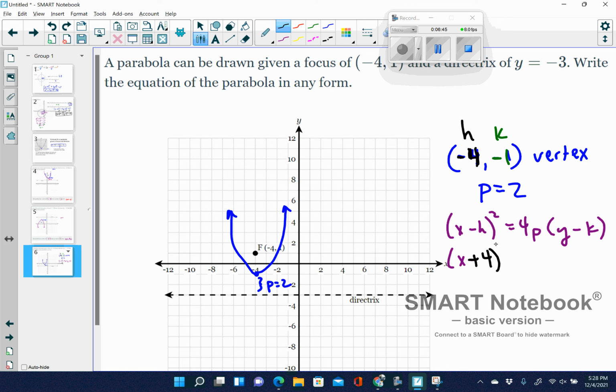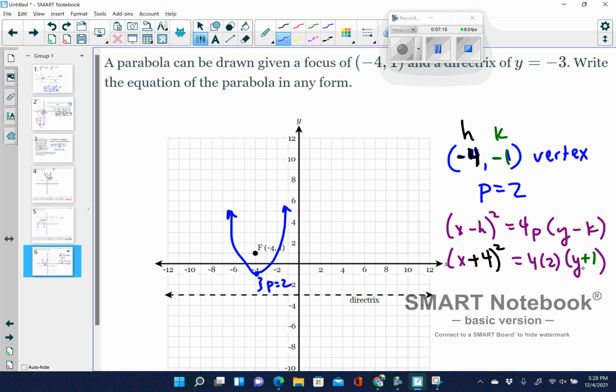So that's going to be (x plus 4), don't forget the squared, equal to, since this is opening up, p is going to be positive. So it's going to be 4 times 2, which is 8. But we'll get to that in a second. And y minus k, and k is -1, so negative negative is going to become a positive. So it's going to be y plus 1, okay?